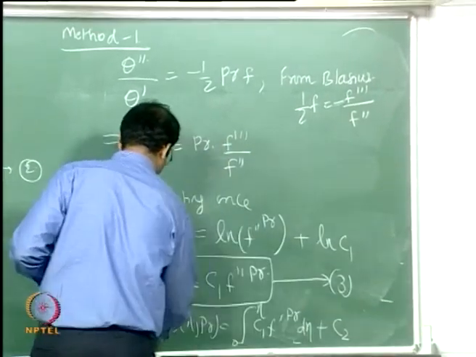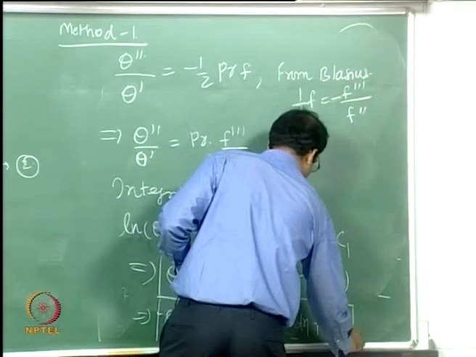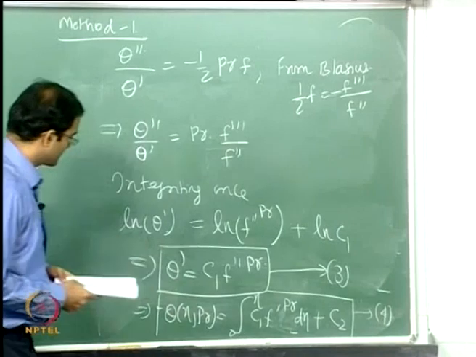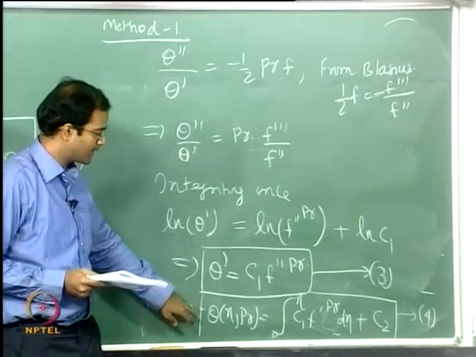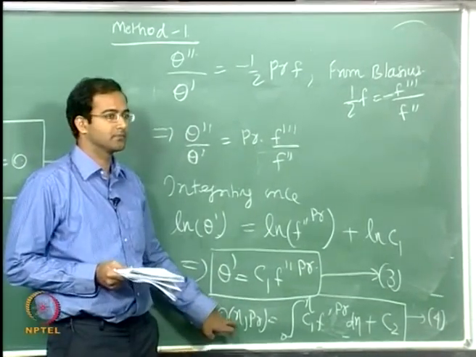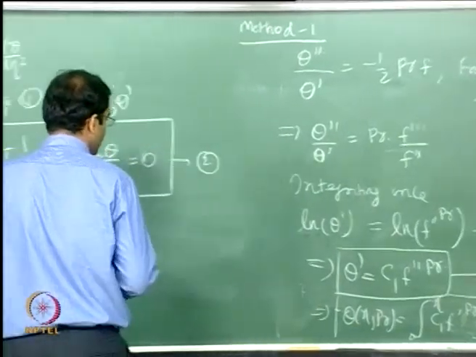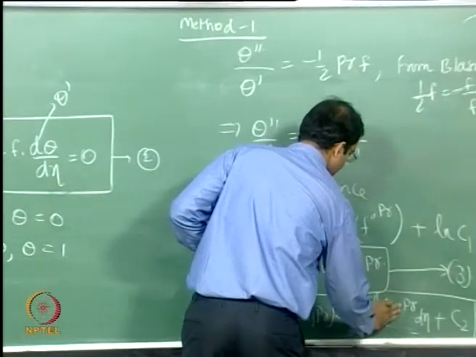So this is my final solution for theta. I integrate once, I integrate twice. So this is f double prime here, if you don't see it.